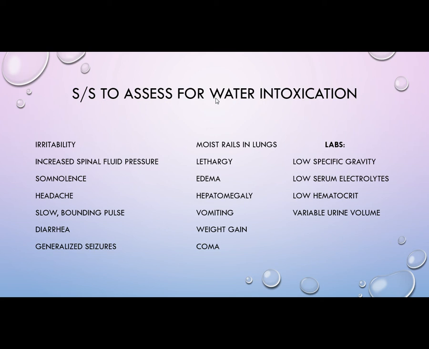Water intoxication does not happen as often as dehydration does. Children can ingest excessive amounts of electrolyte-free water and develop a concurrent decrease in their sodium. When they do this, you're going to see accompanying central nervous system symptoms in these patients.